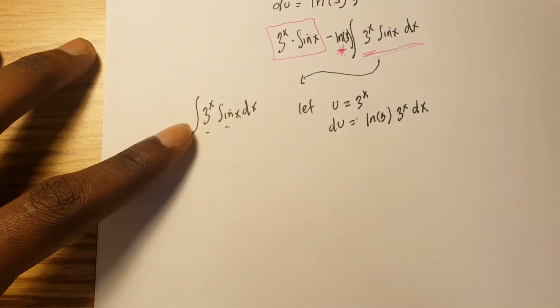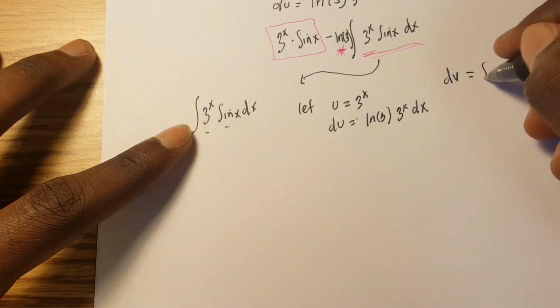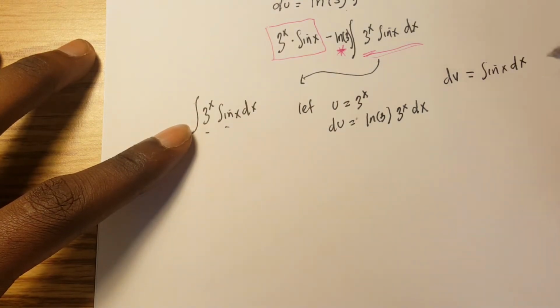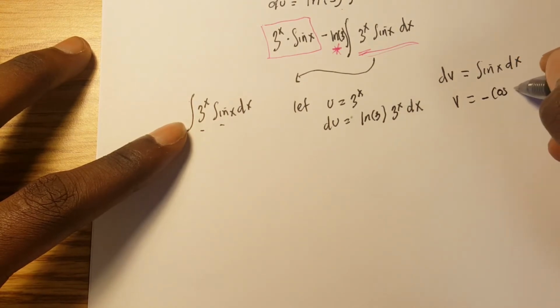Then we will let our dv be equal to sine of x dx. If you integrate this guy, you get minus cosine of x.